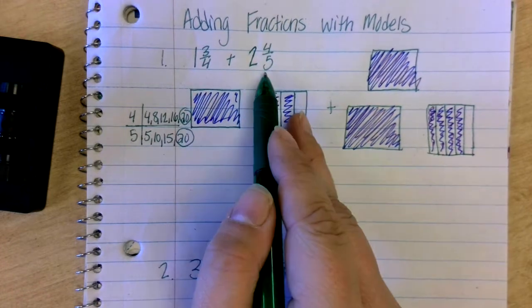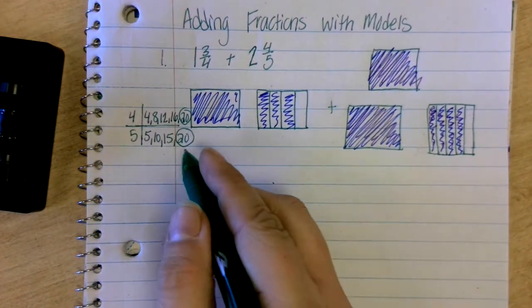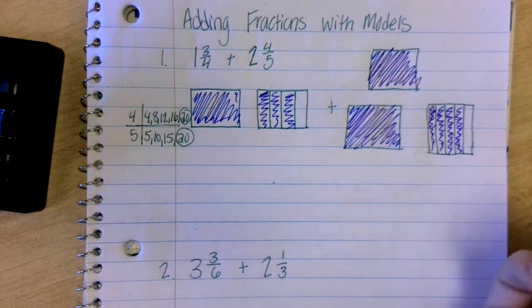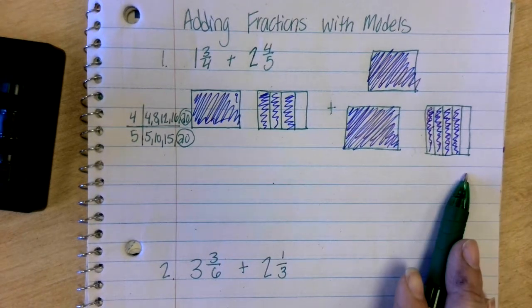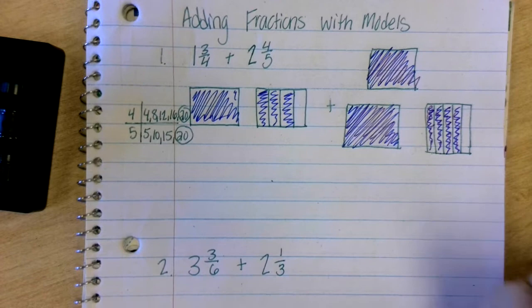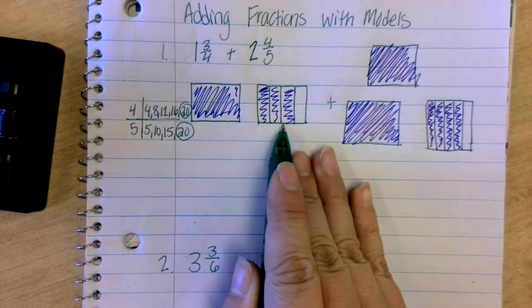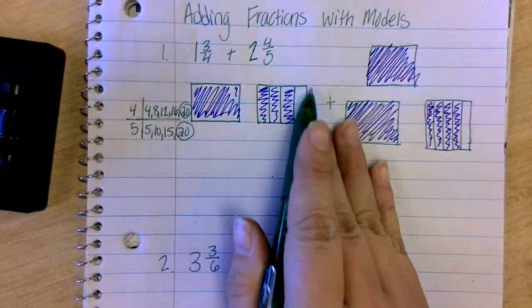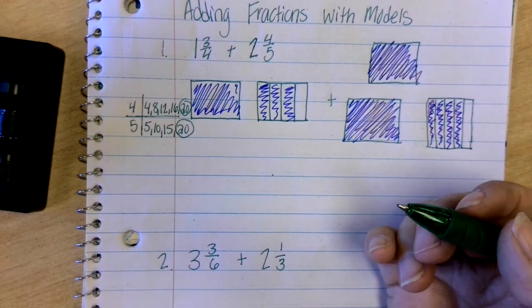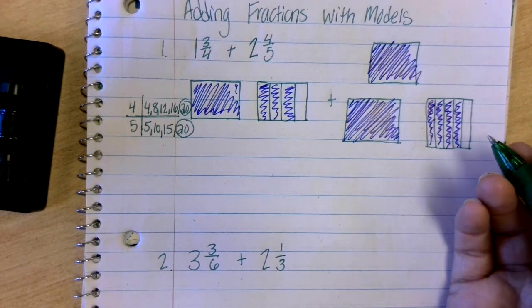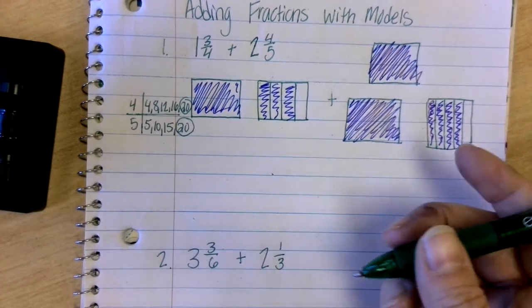So we're going to change these fractions to have a denominator of 20. So the first thing we need to do is change this to be 20ths and change this to be 20ths. And let me show you how to do that. So right now we have 4 going up and down. So I have to think 4 times what gets me 20? Well, 4 times 5 gets me 20.